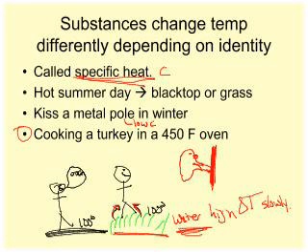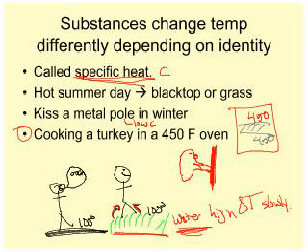Last example of specific heat is if you cook a turkey, if you preheat your oven to 450 degrees. It's Thanksgiving time. So cooking your turkey to 450 degrees Fahrenheit. If you preheat your oven, the air inside of your oven is 450. The trays in your oven are also 450. If you stick your hand inside the oven, it feels warm. You may not find it very comfortable, but it's kind of warm.